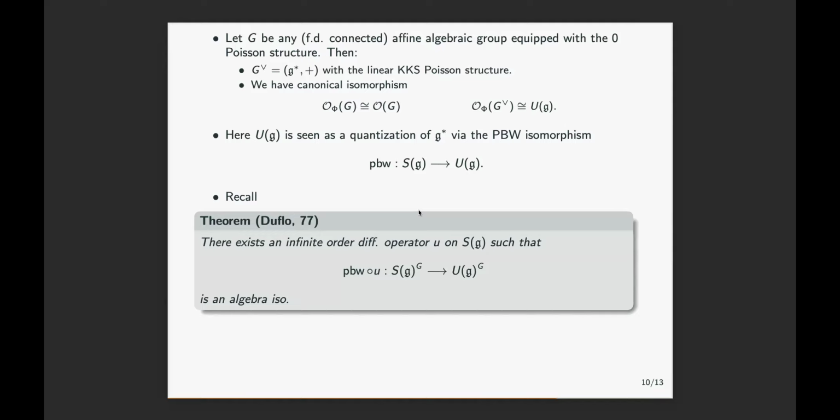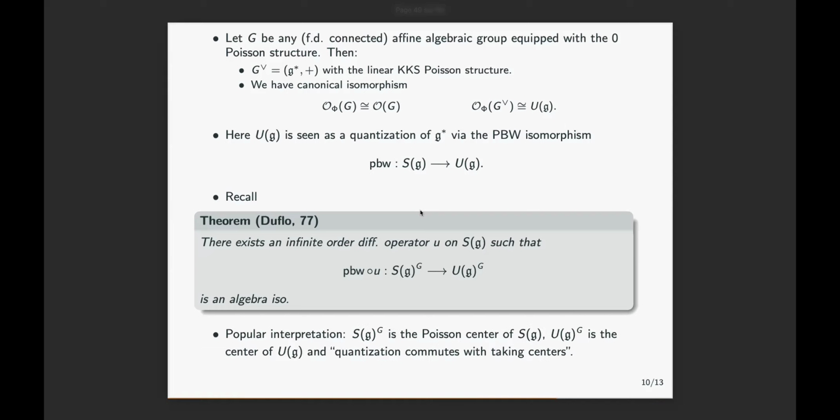And you might think that just restricting the PBW isomorphism is sufficient, but it doesn't. You need to twist by some very complicated differential operators. So this is a very deep and very hard and very important theorem in complete analysis on representative theory.